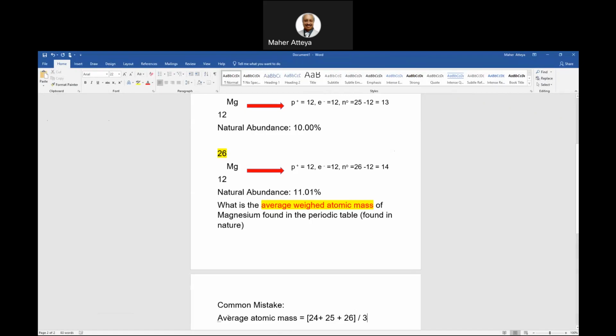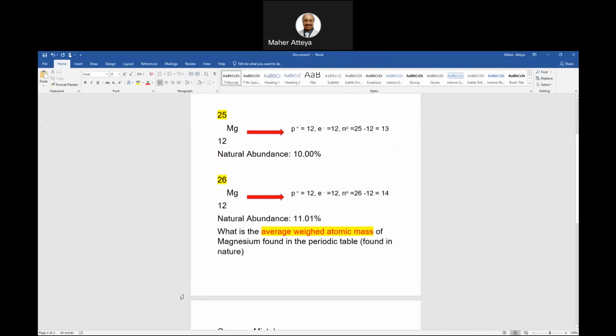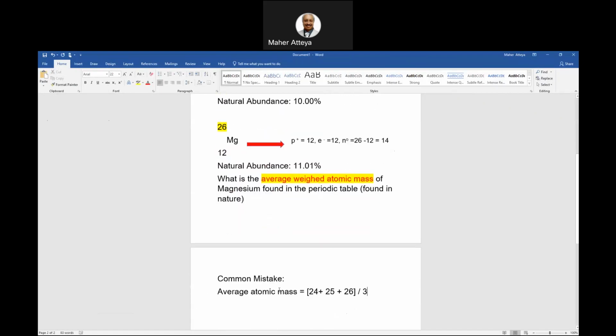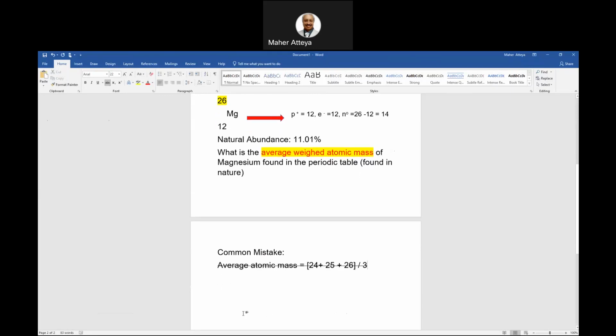This is a common mistake by most of the students. They look at those atomic masses, add them up and divide by 3. This is by all means not correct. So we'll strike the whole thing out. This is not allowed. What we say is correct is that you have to include the natural abundance there.